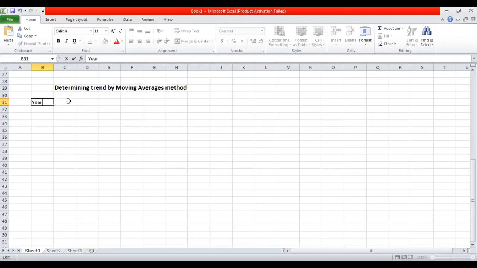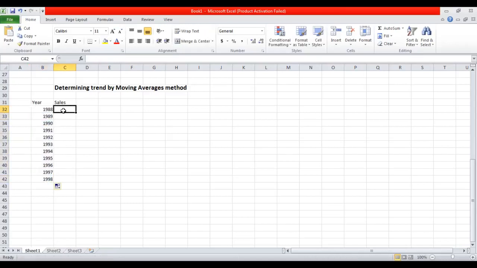So first, note down the values. Here years and sale values are given. The year values are 1988, next 1989, up to 1998. Just simply drag the values.